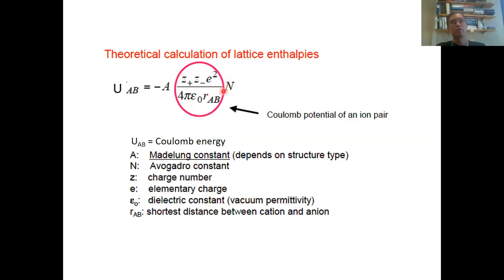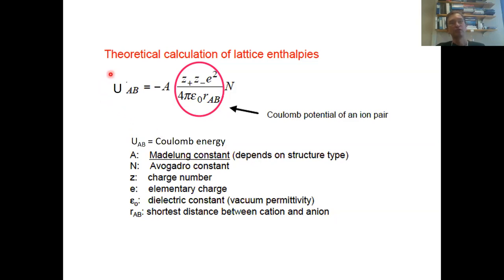Now this term is multiplied with what is called the Madelung constant, which will account for the different structure types and for the fact that in different structure types, ions are surrounded differently by the remaining ions.